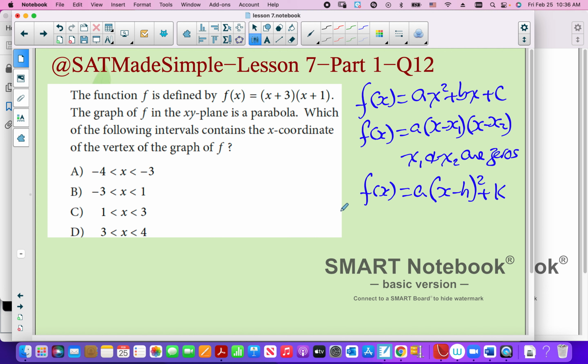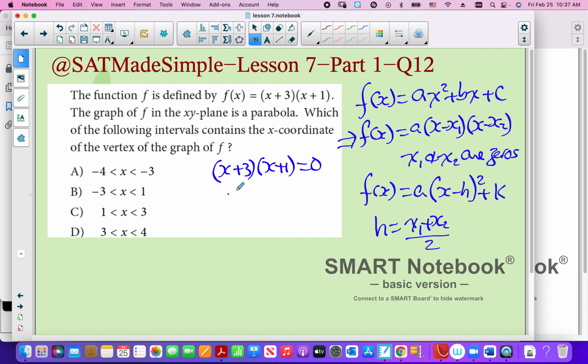To find the coordinates of the vertex for this form, the first one is discussed in the previous question. For this one, the x coordinate, which is h, is equal to x1 plus x2 divided by 2. So in here, making f of x equal to 0, x plus 3 into x plus 1 equals 0.